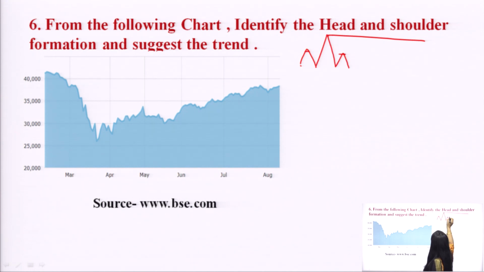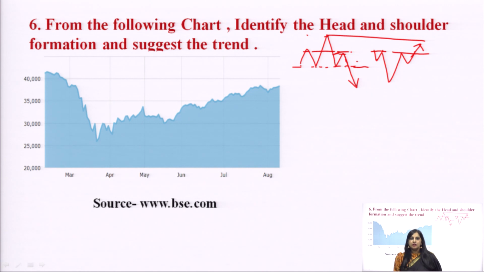So, there are two shoulders and one head, and this line is called the neckline, and if the price penetrates this neckline, it is indicating a trend reversal. This is the head and shoulder formation, and this is the inverted head and shoulder formation. If this line penetrates this line by more than 5%, it again indicates the trend reversal.